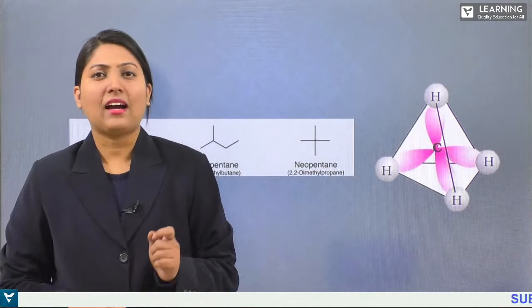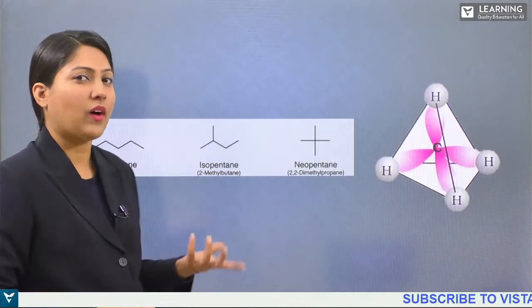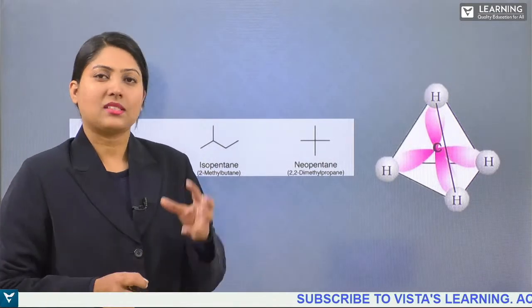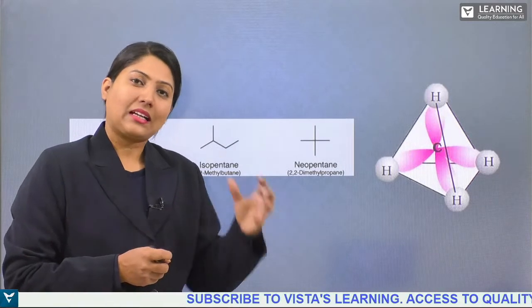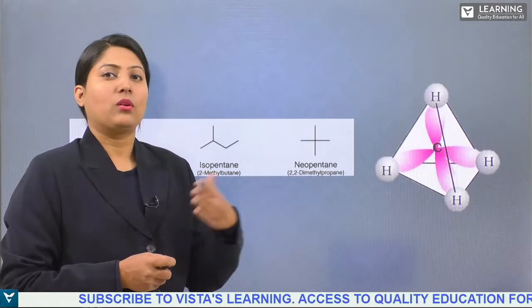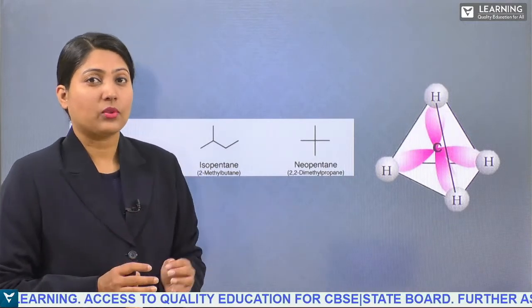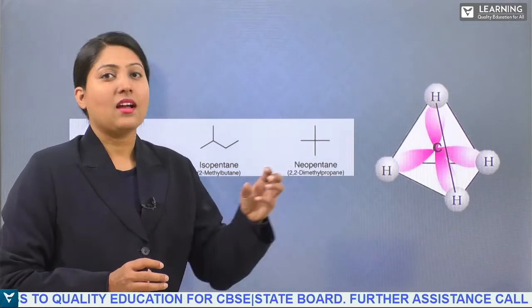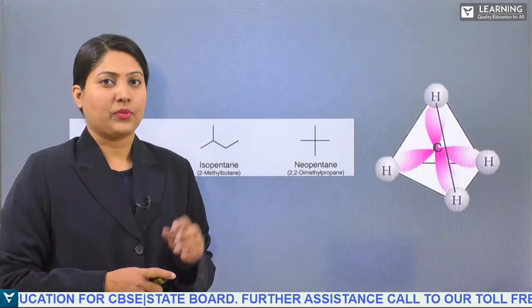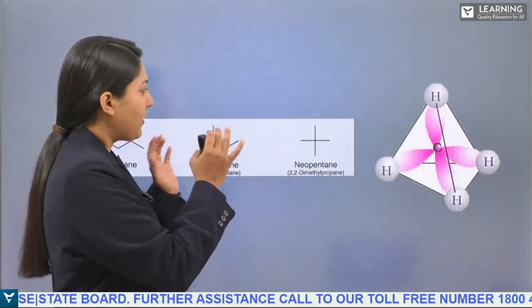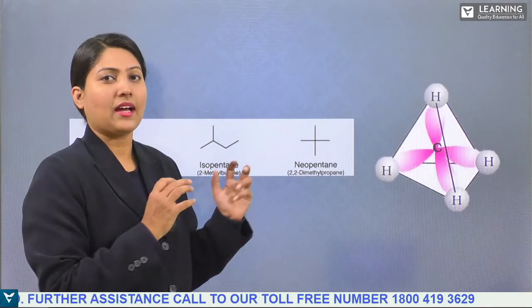So when we have the catenation property of carbon, what happens? Carbon can combine with other carbon itself, and also hydrogen. So in this chapter, we are studying carbon and hydrogen compounds, not any other. We have only these two, carbon and hydrogen.